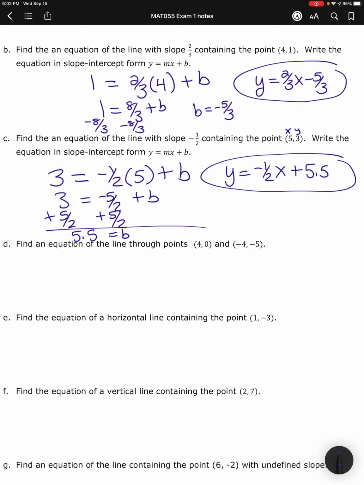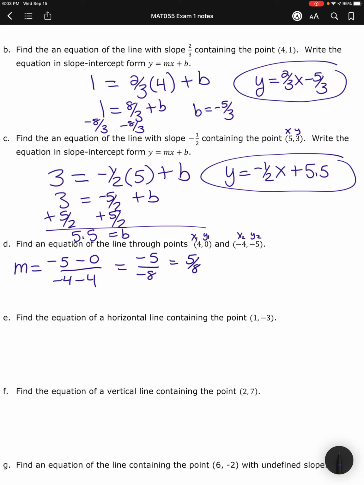All right, this time we're given 2 points and no other information, so we have to actually find the slope. So if we label these x1, y1, x2, y2, I subtract -5 minus 0 over -4 minus 4. So that's -5 over -8, which makes it +5 over 8.